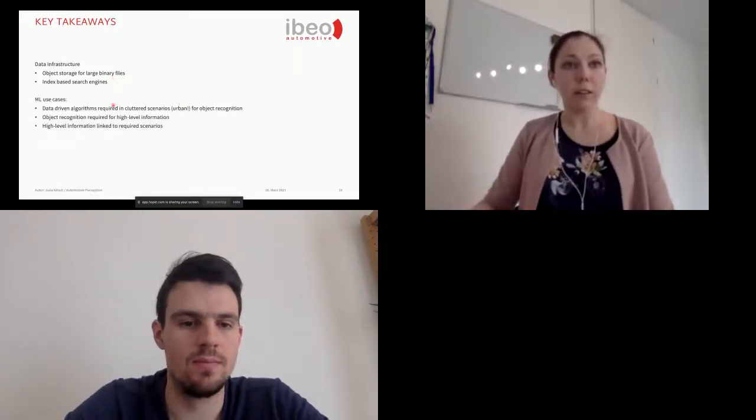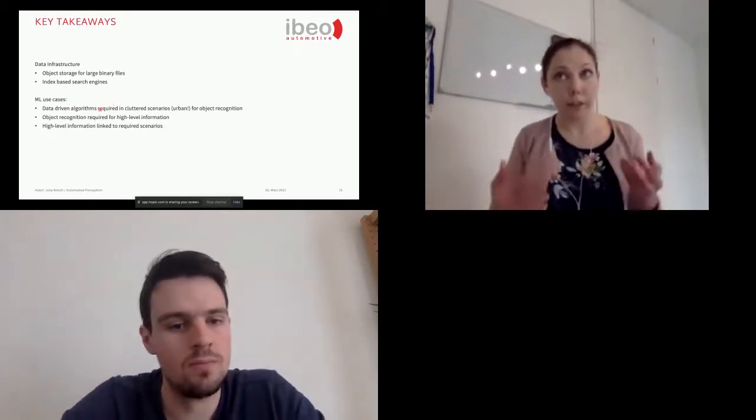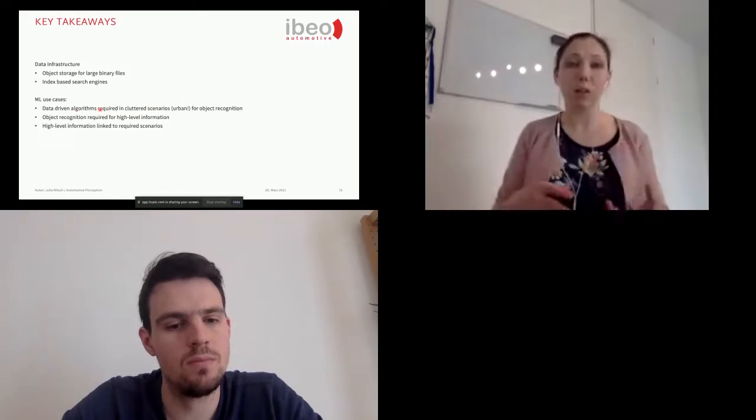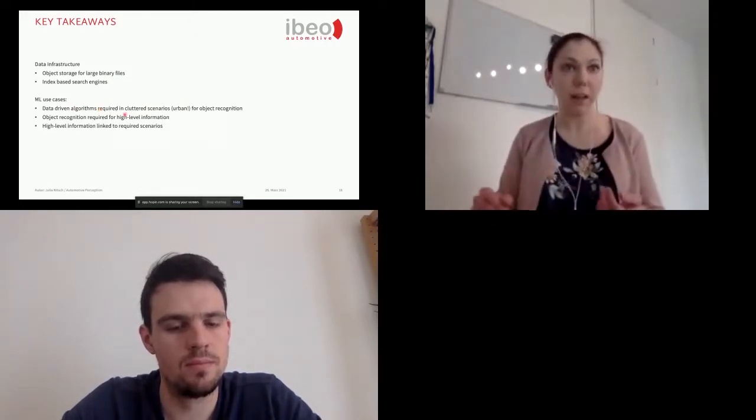From the ML use cases, we want to use data-driven algorithms to create these labels, and they are especially important in urban scenarios because they are much more cluttered than the highway.